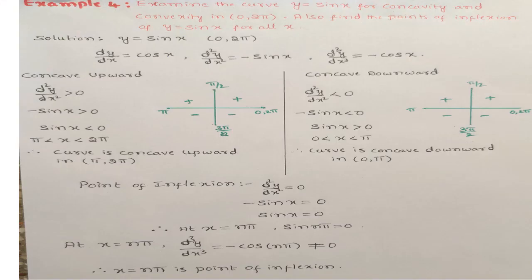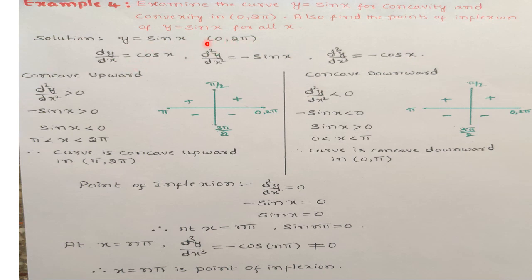Move on to the next problem, that is example 4. Here we have to examine the concavity in the interval 0 to 2 pi for the function y is equal to sin x, and also they are asked to find out the inflection point. Okay, here the given function y is equal to sin x in the interval 0 to 2 pi.